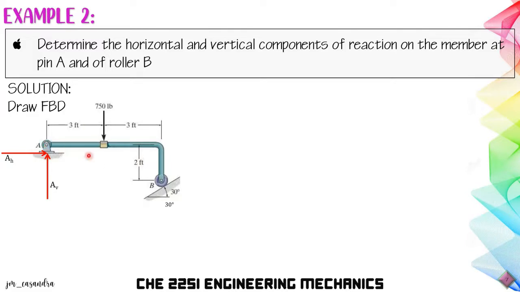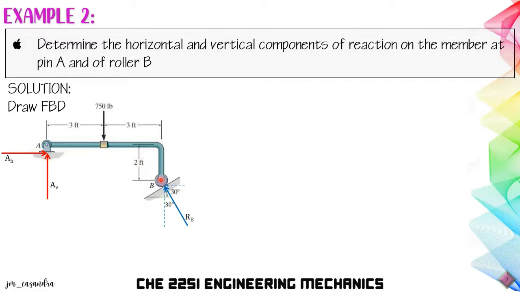For point B, which is a roller, it will have a single reaction that is perpendicular and directed to the contact surface. So for RB, we will have your X and Y components, at which it is 30 degrees from the vertical.